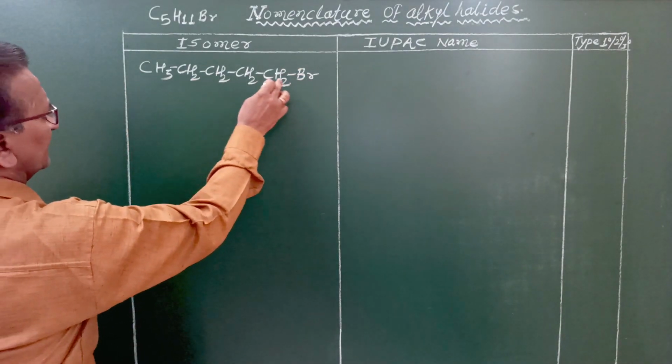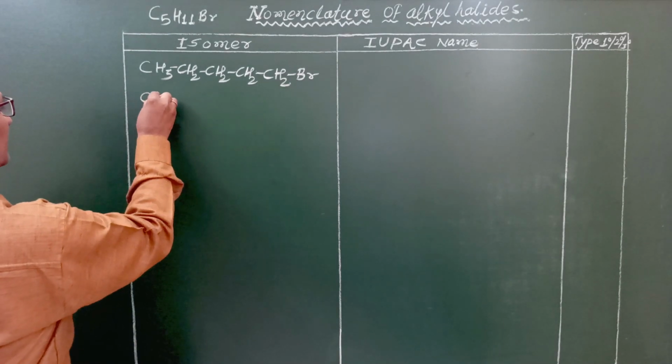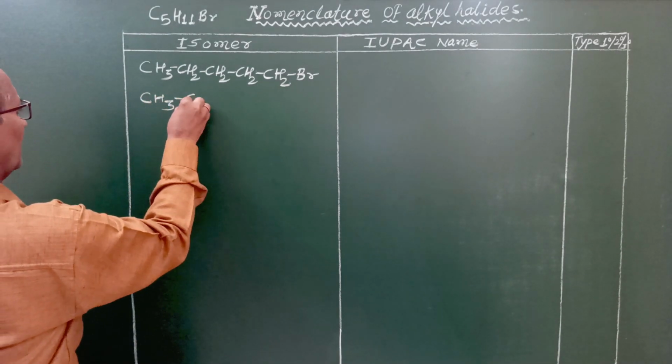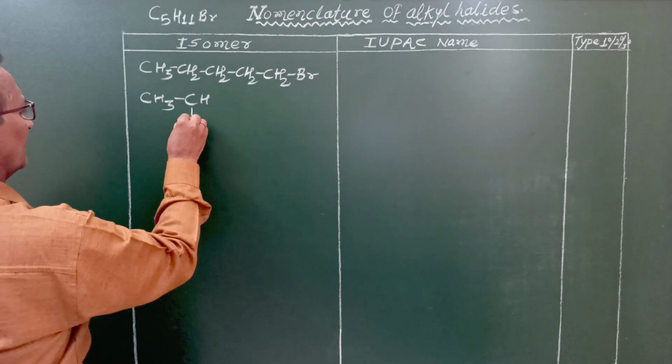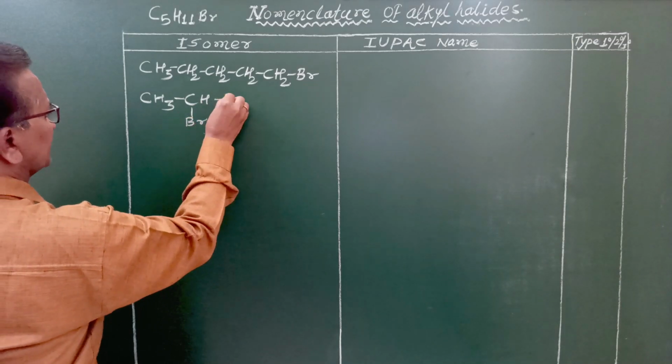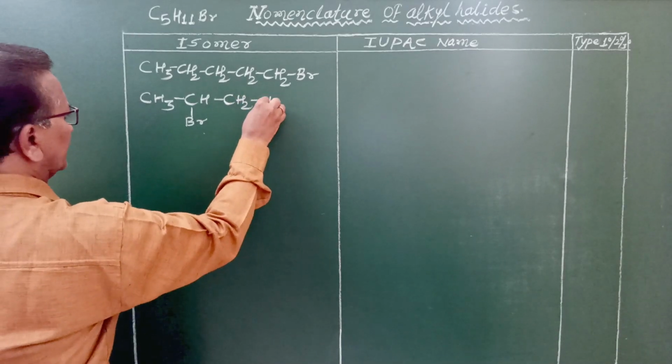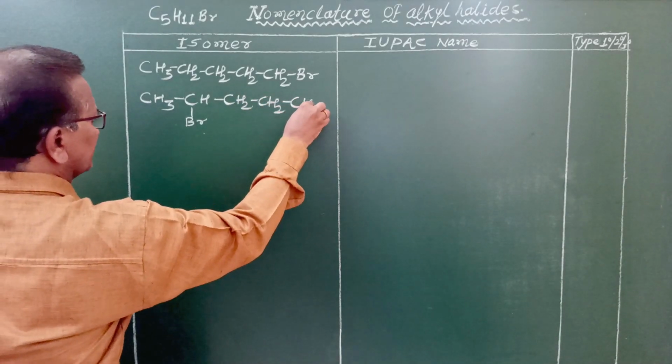This is n-pentyl. Next, CH3-CH with a free valency, to which we attach Br, then CH2-CH2-CH3.